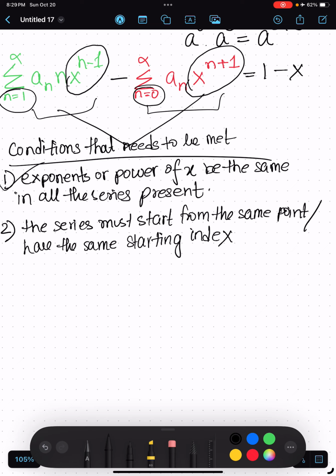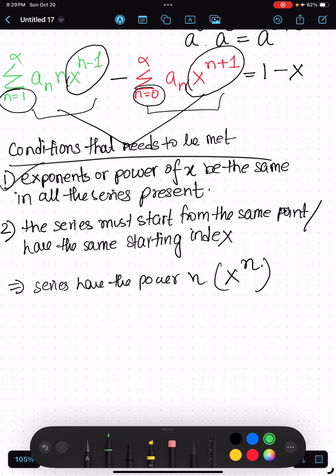Conventionally, and the easiest way, is having both series have the power n. Or I could say that both of them have the power x to the power n. Okay, so let's work on that one.